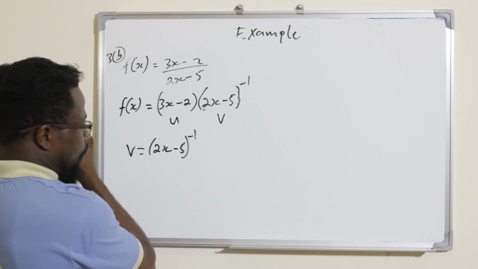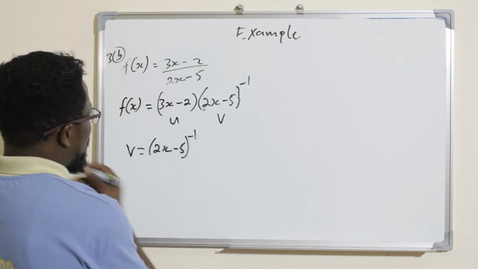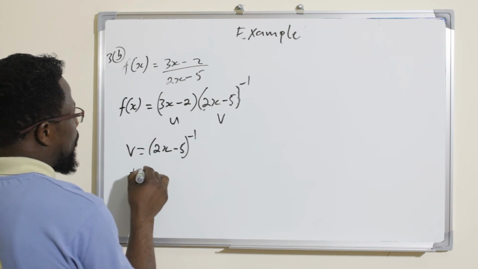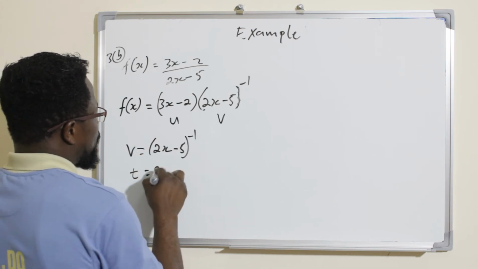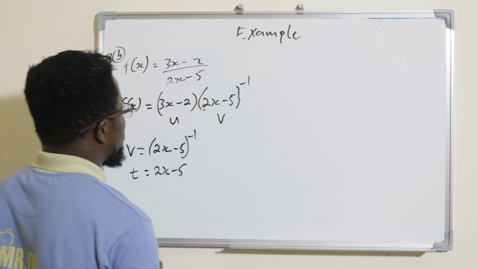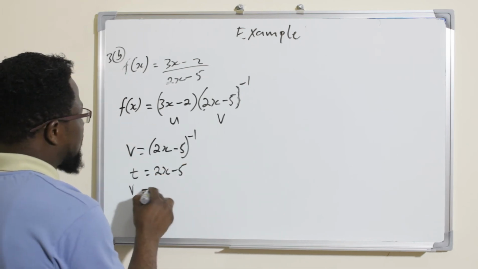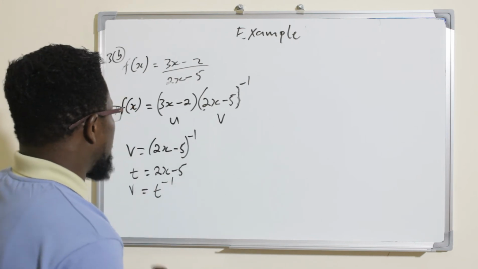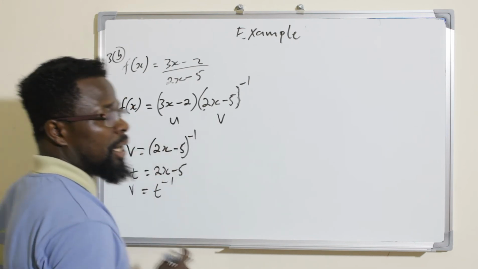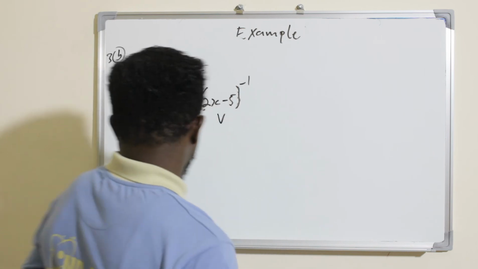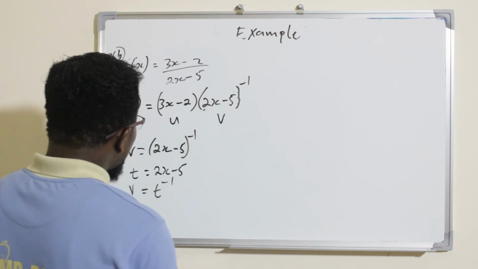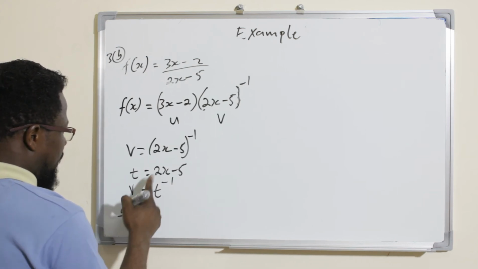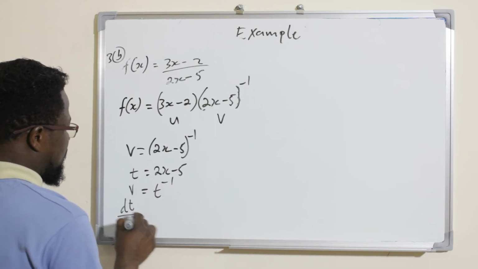I want my t to be equals to 2x minus 5, so that v is now equals to t exponent negative 1. And then from here I can apply the chain rule.